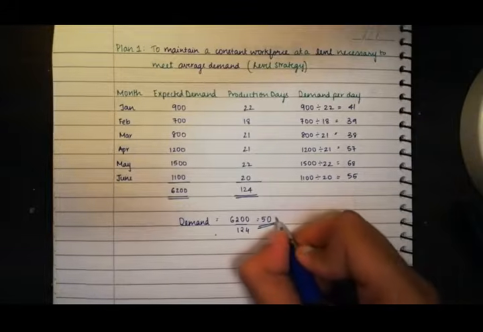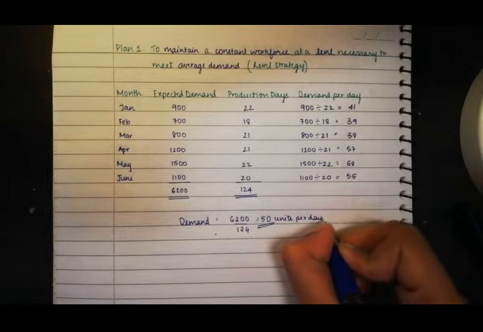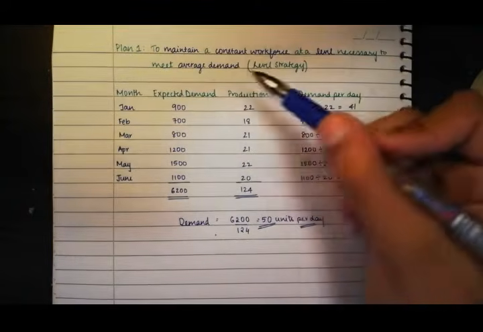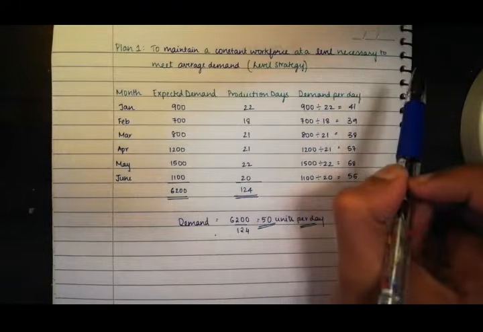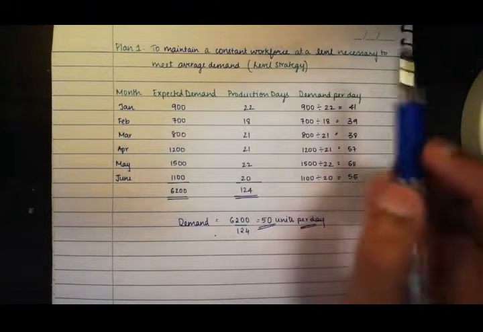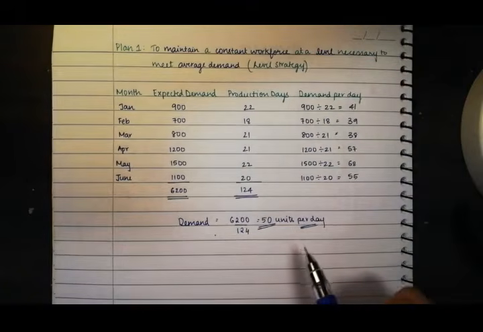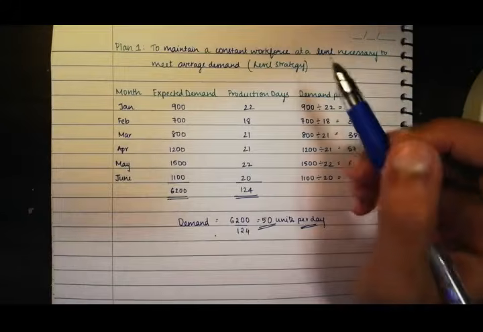So we need to produce 50 units per day for all the 6 months to satisfy this plan to maintain a constant workforce at a level necessary to meet the average demand. So we just found one part of this whole plan, that is the average demand, 50 units per day, and we will be getting into the constant workforce part now.